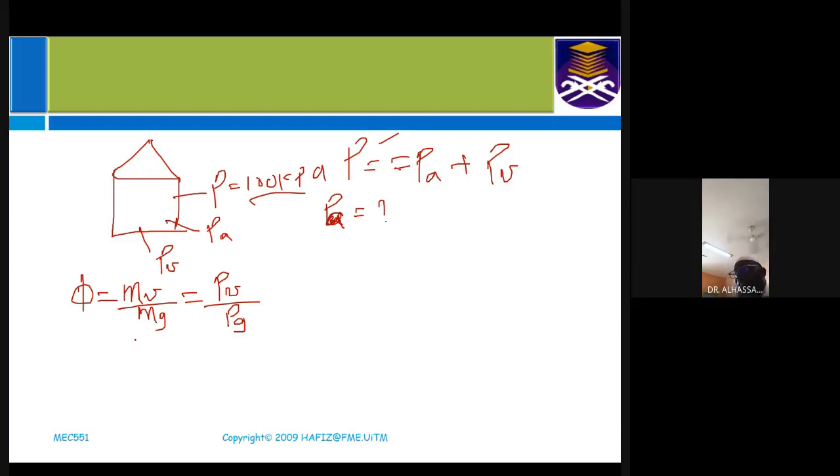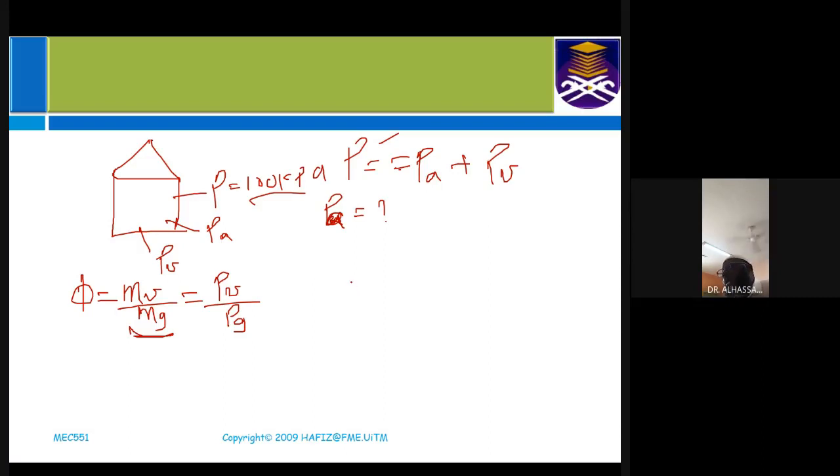The first equation cannot help us because we don't know the mass of the water vapor, nor the mass of the water vapor at the saturated state. Be careful here. P_v is the partial pressure of the water vapor present in the air, and P_g is the partial pressure of the water vapor at the saturated state.